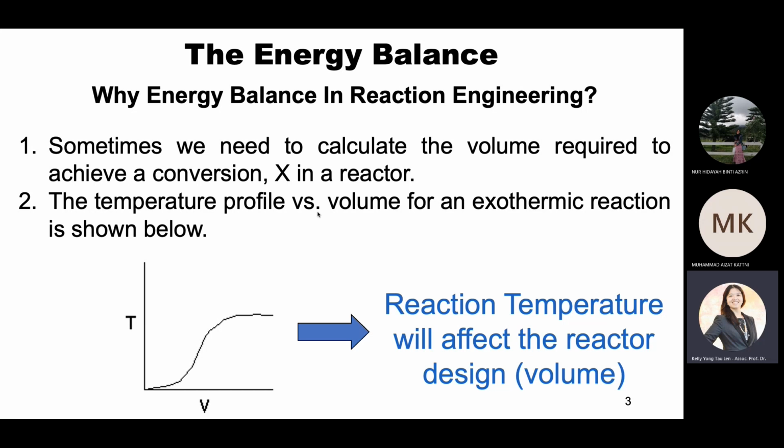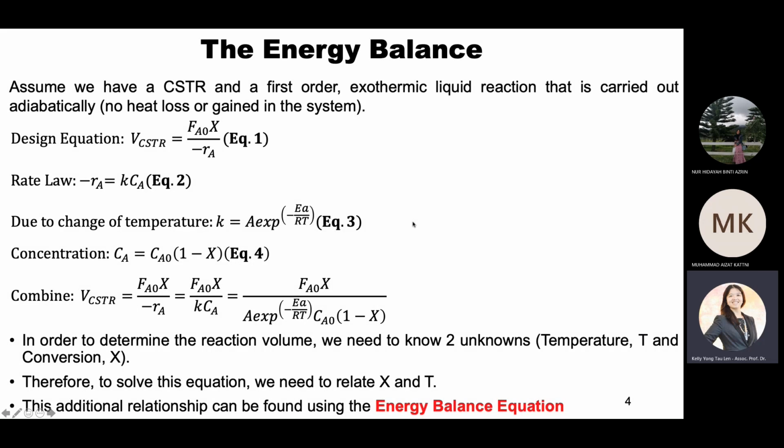So kalau kamu ingat, dalam volume tu kita selalu cakap pasal conversion kan, pasal X. So kalau temperature mempengaruhi X, so automatically volume pun akan berubah lah. So you have to really consider this when we are calculating the volume of the reactor or when we are designing the reactor. So the concept, kamu nak design reactor, dia dah tak sama kalau kita isothermal dengan non-isothermal.